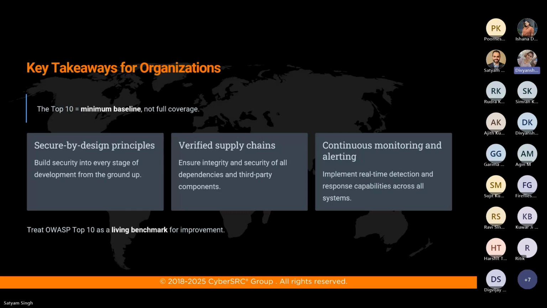Okay, so next are our secure by design principle key takeaways. The first major takeaway is adopting the secure by design principle. It means building security into every stage of development, from the planning to the coding, then to the deployment, and then to the testing. These are the initial stages where developers start from scratch.